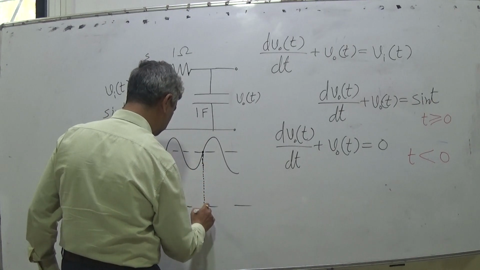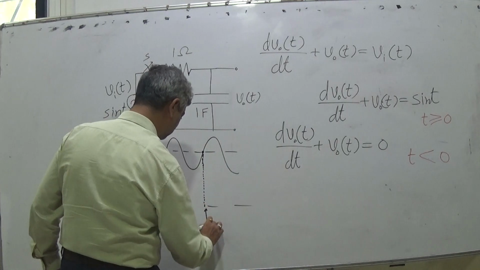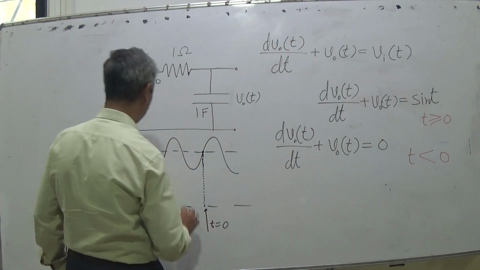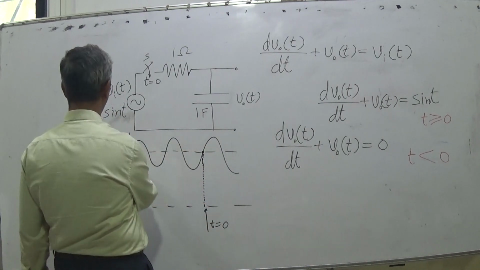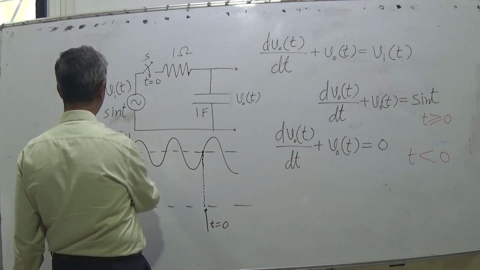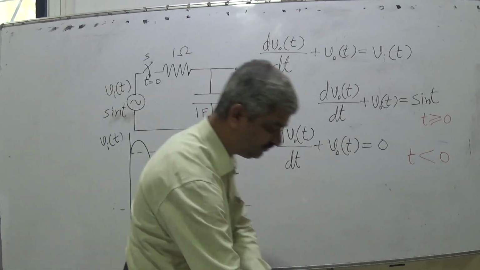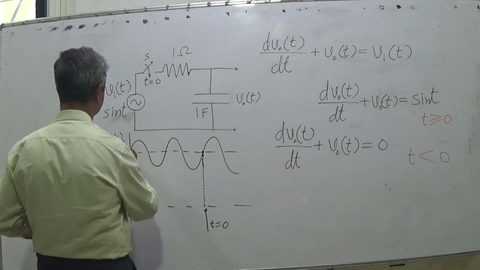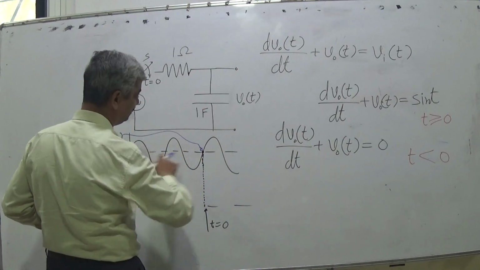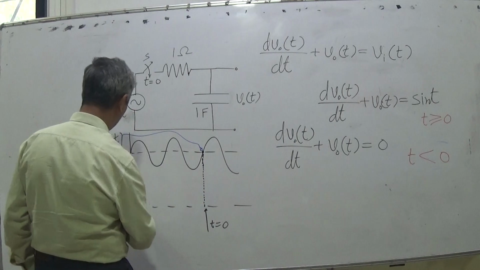Here I close the switch. This I say t equal to 0. So this is Vin(t) from 0 onwards. What would be Vo(t)?